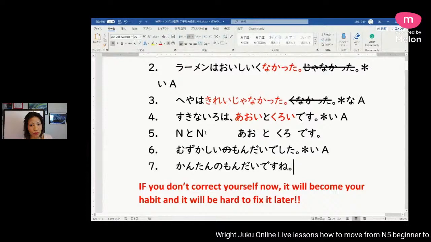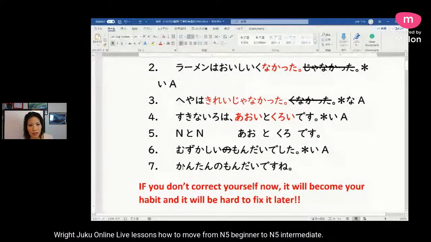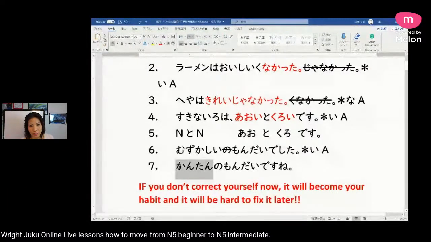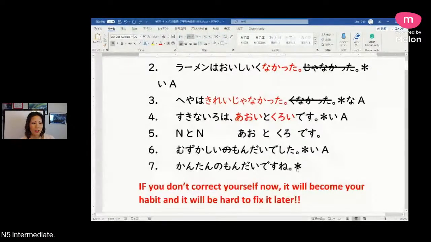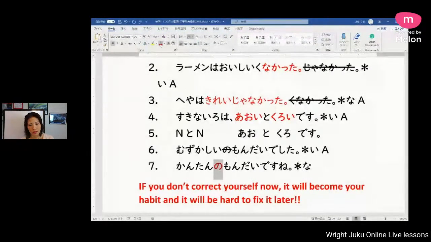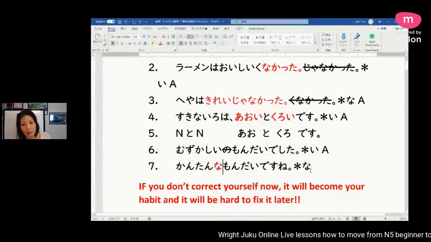Not like noun の noun, it's different. The last one. 簡単の問題ですね。It's modifying the noun 問題. Is 簡単 an E adjective or a na adjective? It's a na adjective, right? So you cannot use の. You have to use な, because a na adjective modifies a noun with な.